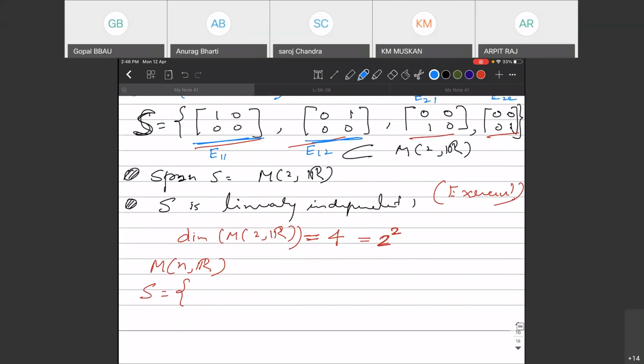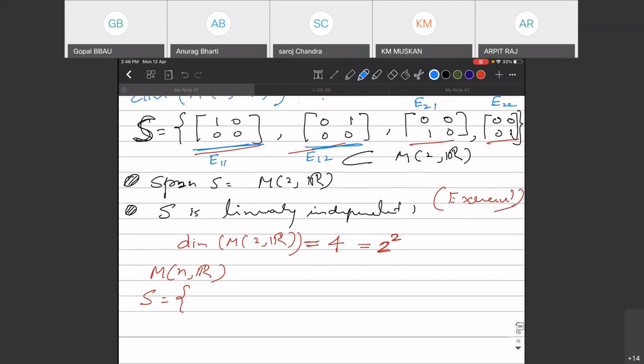Similarly, we define E_ij, where E_ij is the matrix X_ij, where X_ij is 0 when i is not equal to j and 1 when i equals j.